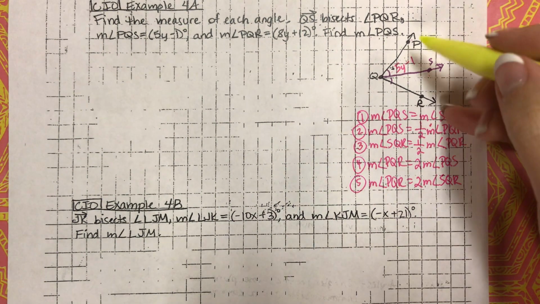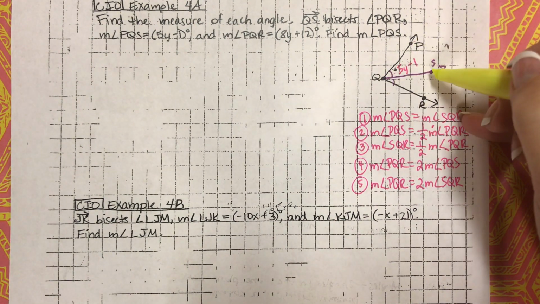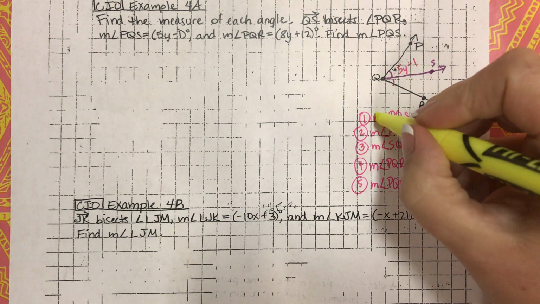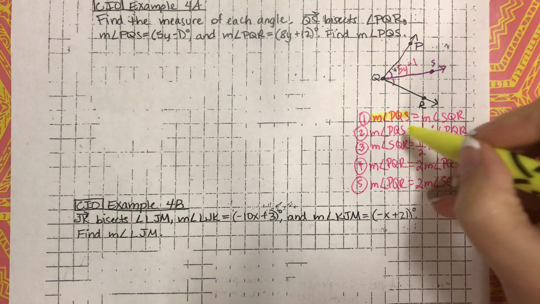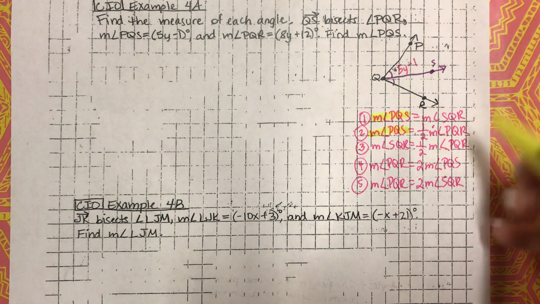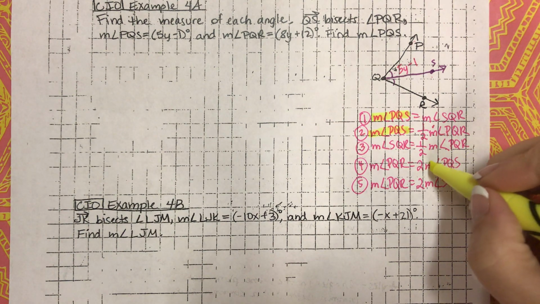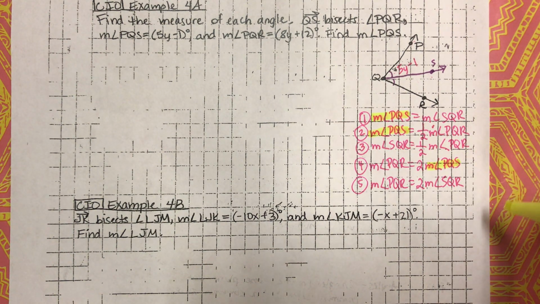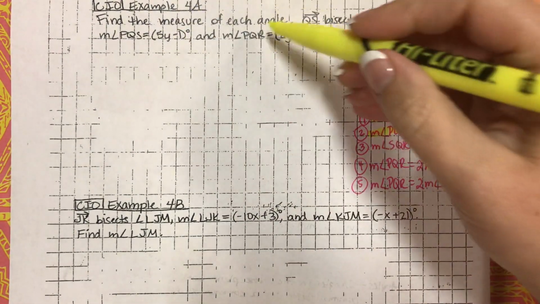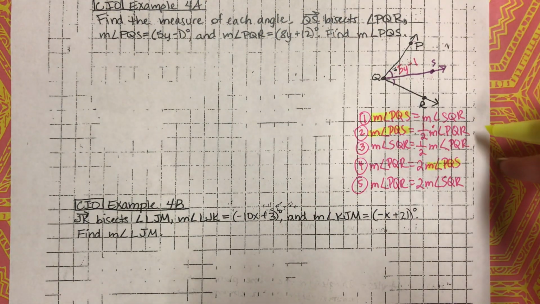So what information do they give us? Well, they give us the PQS, right? So this is PQS here. PQS is also here. Where else do they give us PQS? Here's PQS. That's it. Okay, so that's our PQS there. And then they give us PQR. So where's PQR?